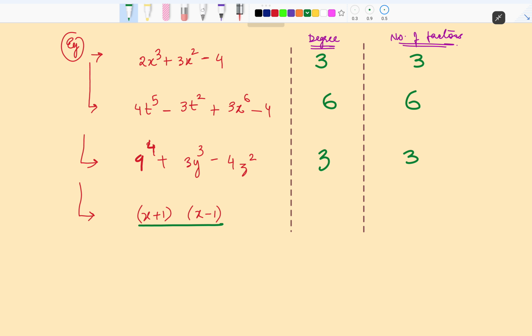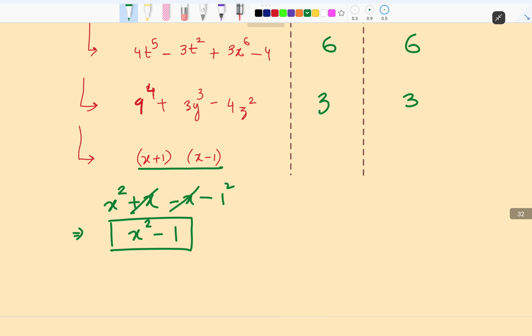When you open the brackets, it's going to be x square plus x minus x minus 1 square. So plus x minus x cancels out, so it's going to be x square minus 1. Ab x square minus 1 mein, what's the degree of this polynomial? It's not 1, but it's 2. So how many factors is this polynomial going to have? It's going to have 2 factors, right?